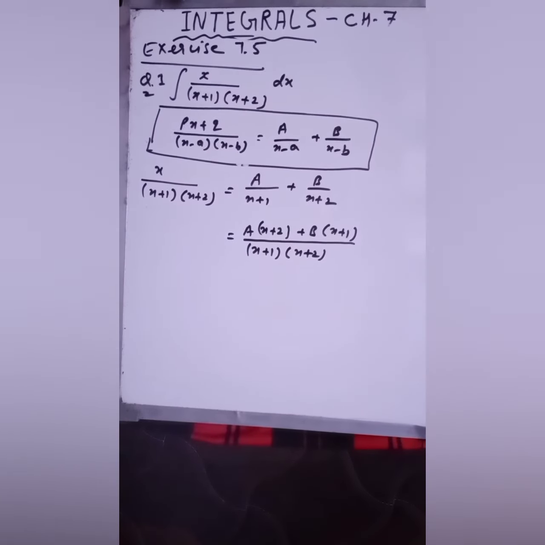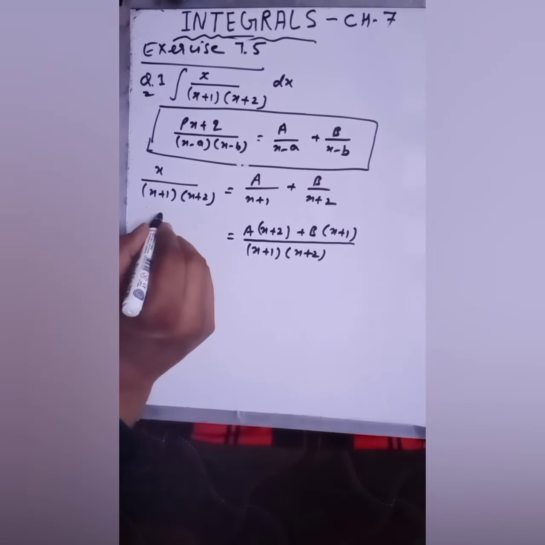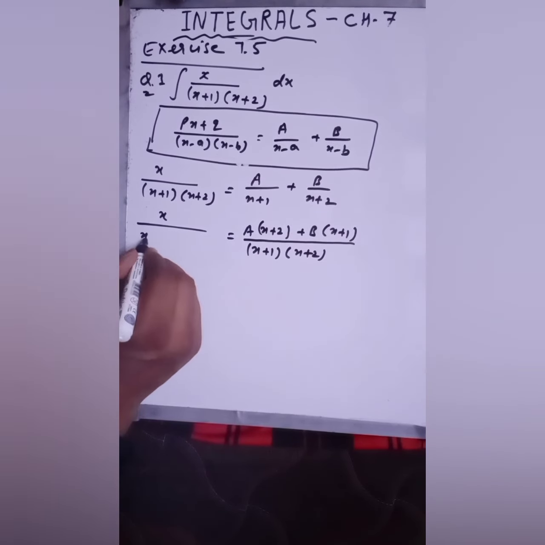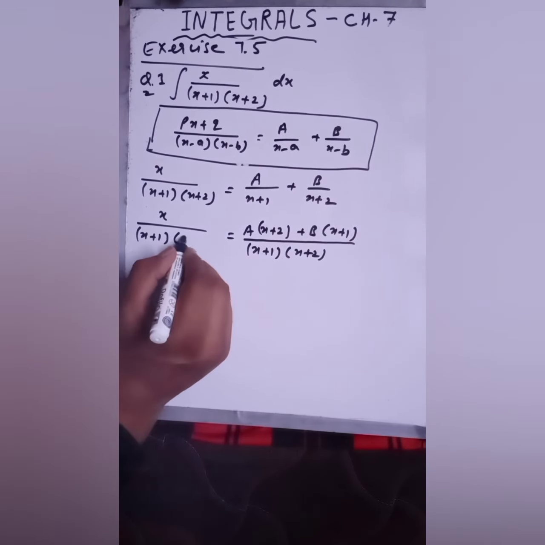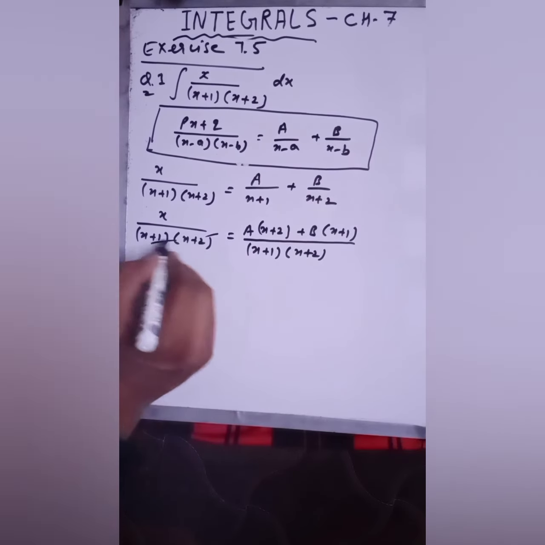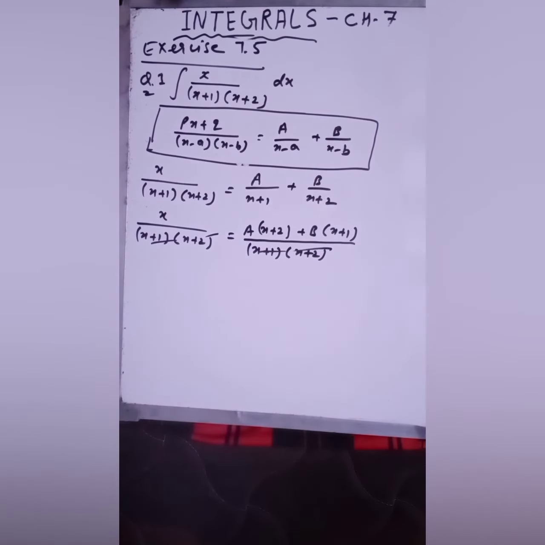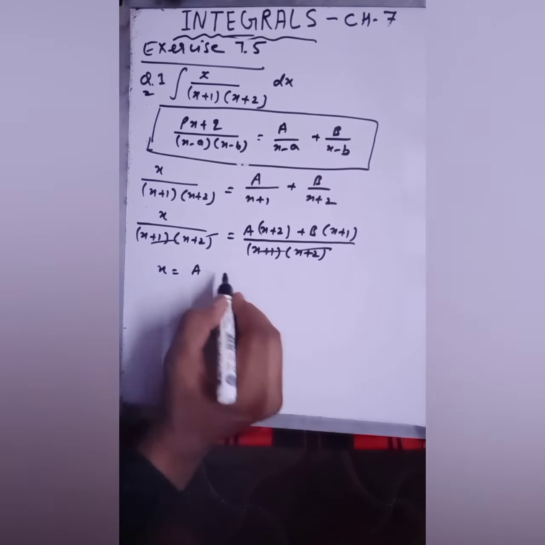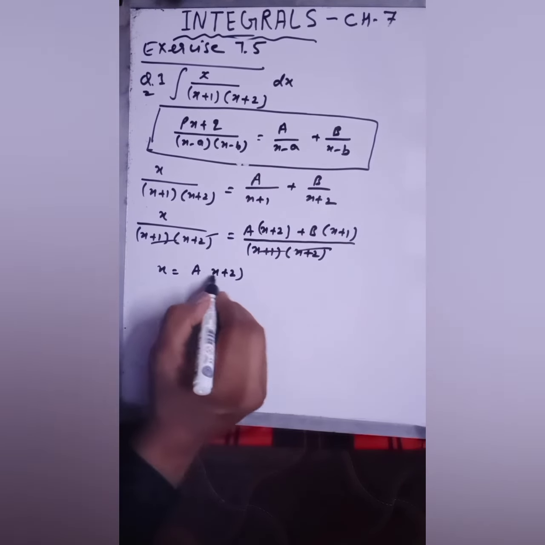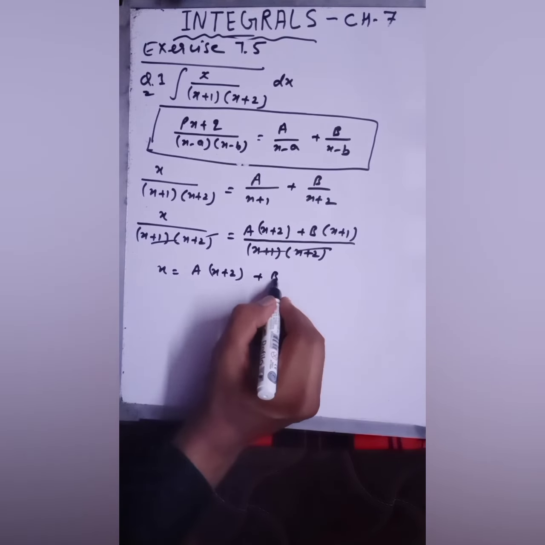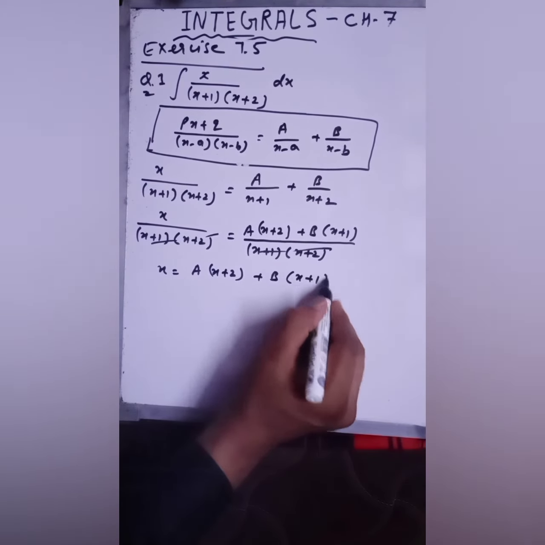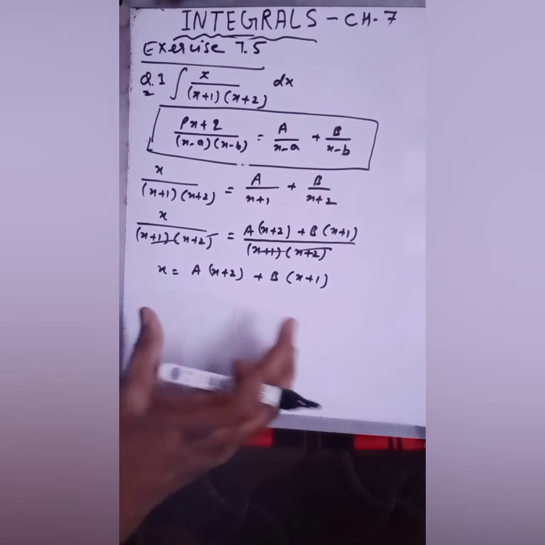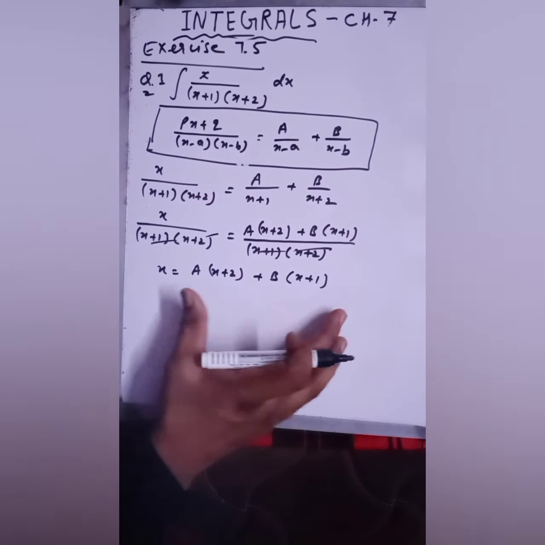Fine, and here the x over (x + 1)(x + 2), this and this term will cancel out. So you will get x = a(x + 2) + b(x + 1). Okay, so this is your final equation.